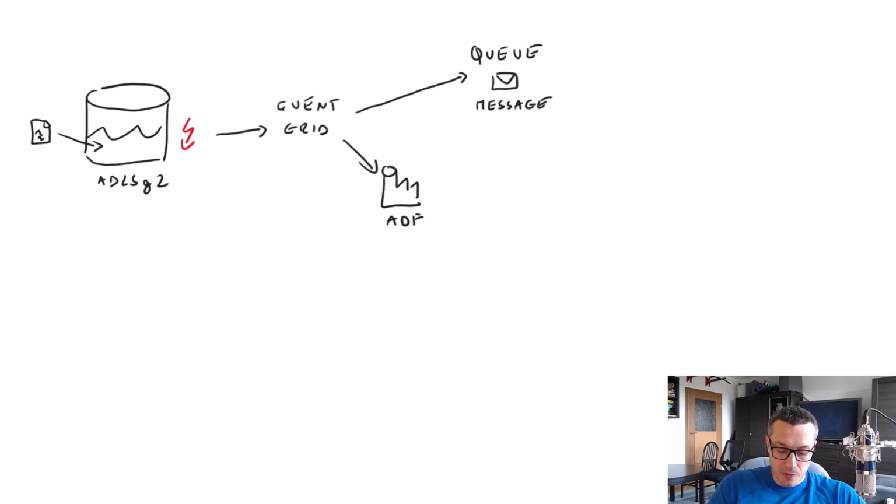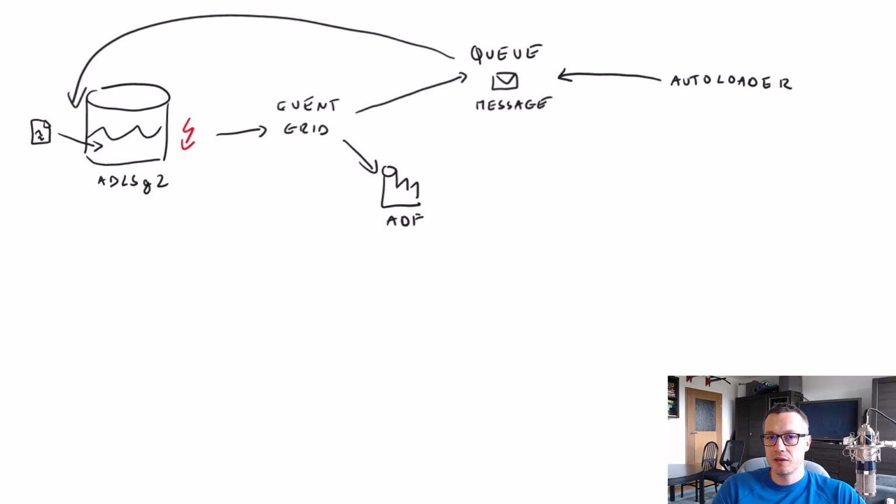So later on, when Autoloader starts, then instead of going directly to a data lake and listing all those files, it will simply go to a queue and then process those messages one by one. And based on the content of those messages, it will know exactly what file from where it has to process.